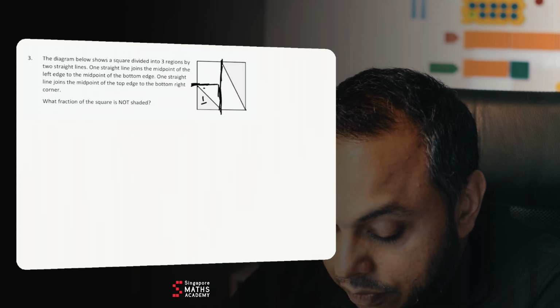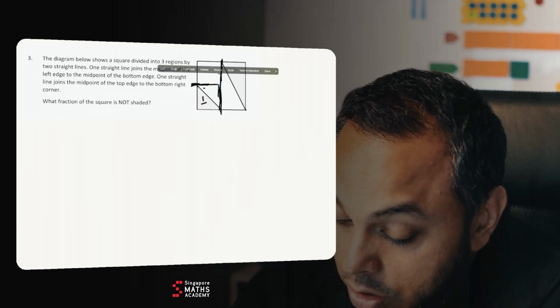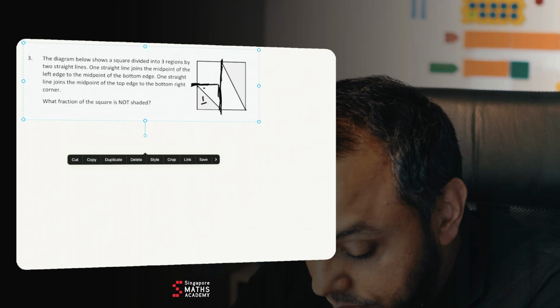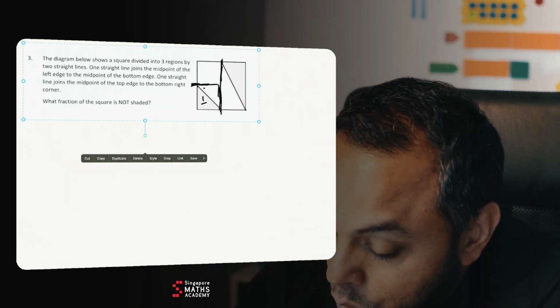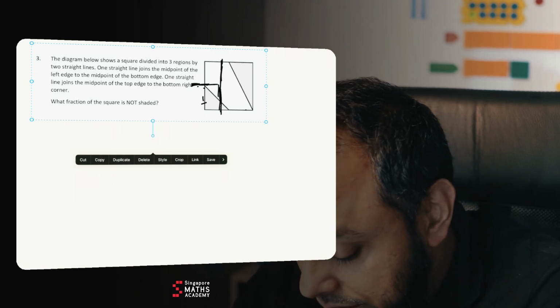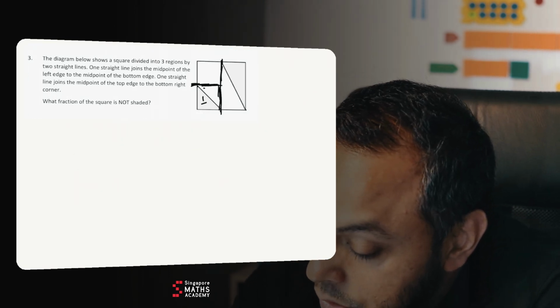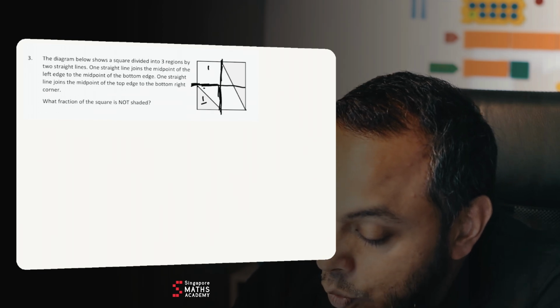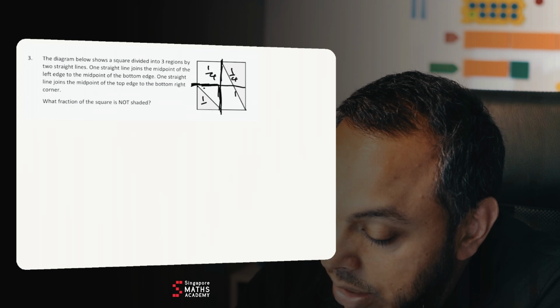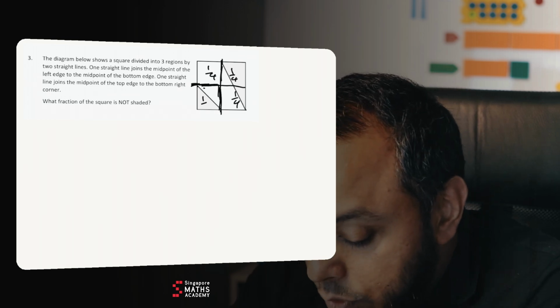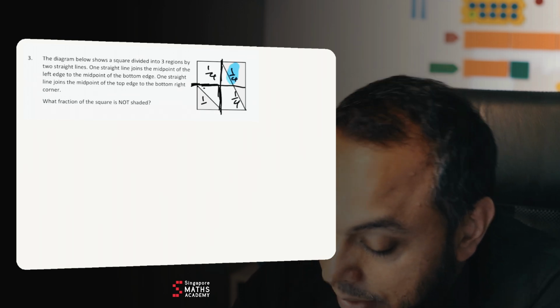Let me do this again. This is a quarter. Give me a second. There we are. Okay, so we know that these are 4 quarters. That's a quarter, that's a quarter, that's a quarter. With that in mind, let's have a think about this again.